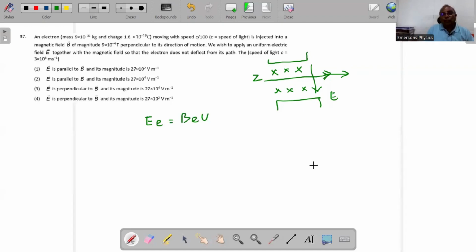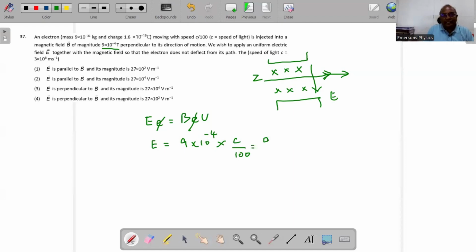In this condition it won't get deflected; it will go in a straight line. From that we want to find the value of the electric field. The magnetic field is given as 9 × 10^-4, and the velocity of the electron is given as c/100.